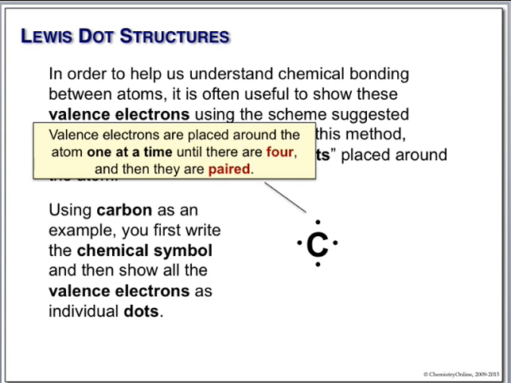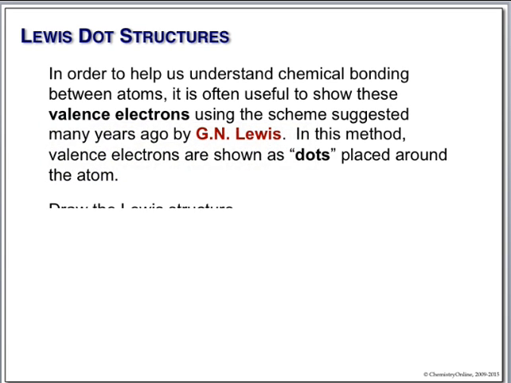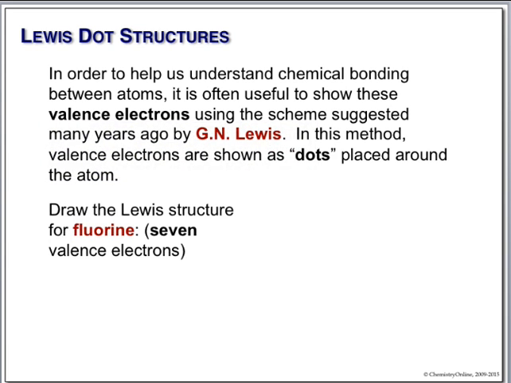Let's just make sure we can do that. Go ahead and do fluorine for me. Fluorine is over here. It's also in the second period, and it's in group 7.